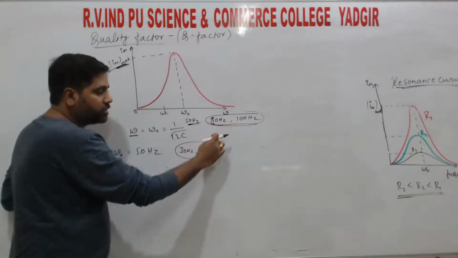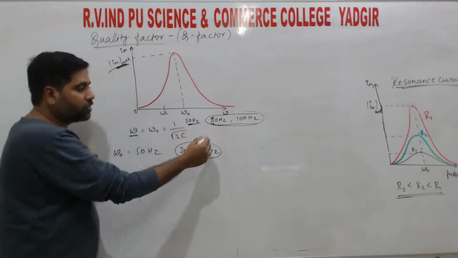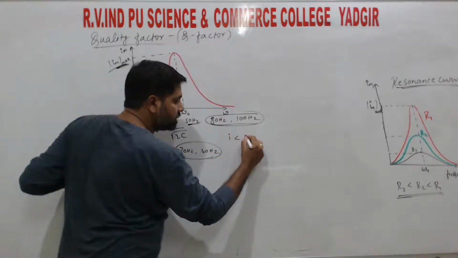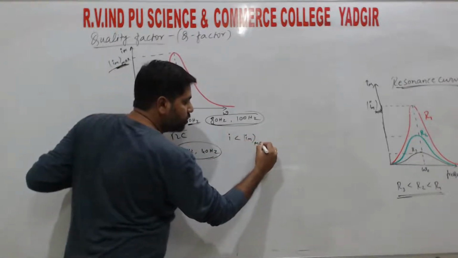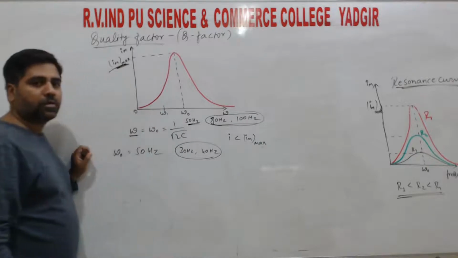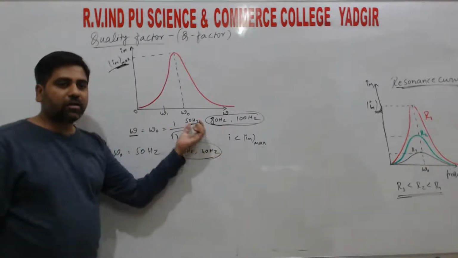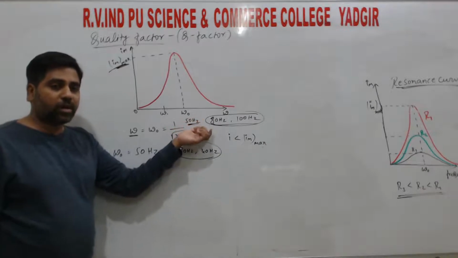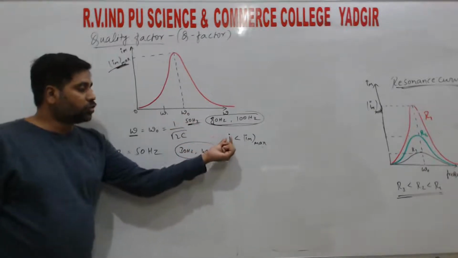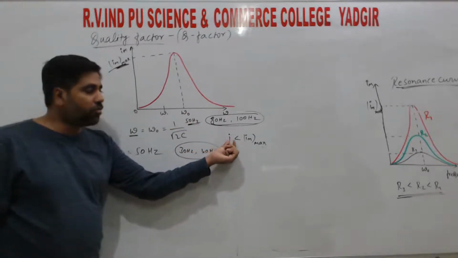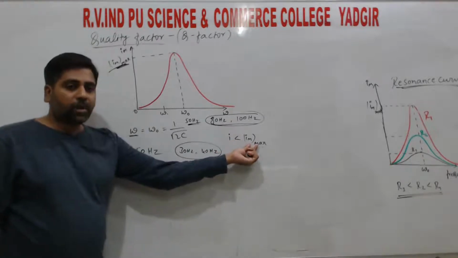So if I send the current at these frequencies, the current is always less than the maximum current, right? If I send the voltage to the series LCR circuit at any frequency other than this, the current in the circuit is always less than the maximum current.